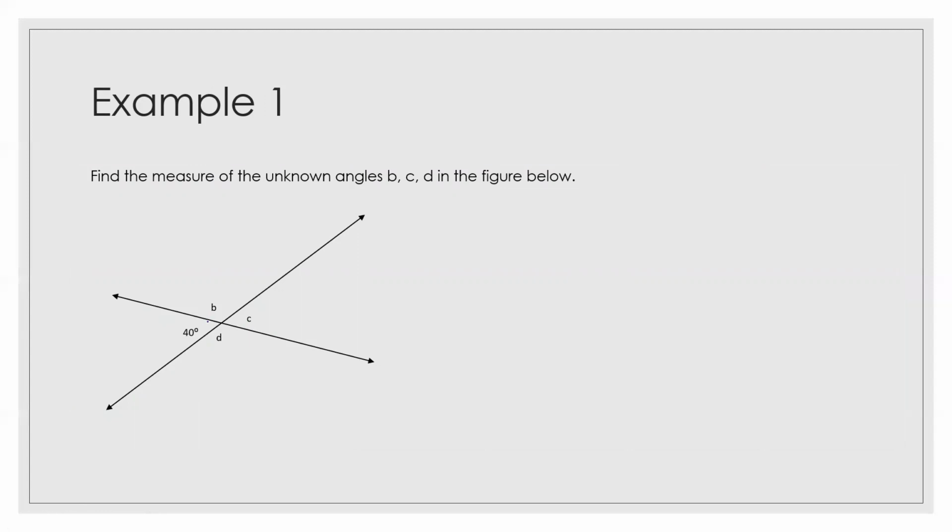Let's say this angle is 40 degrees. That angle right here is 40 degrees. What do we know? We know that angle B plus the 40-degree angle is, what kind of angle is this that goes from here to there? That's a straight angle, right? And a straight angle is 180 degrees.